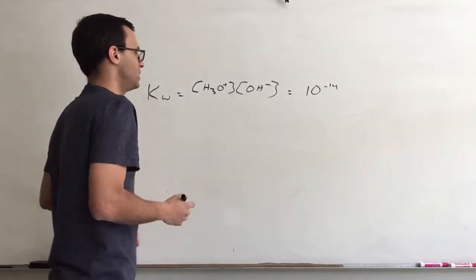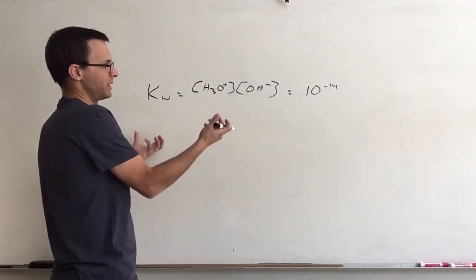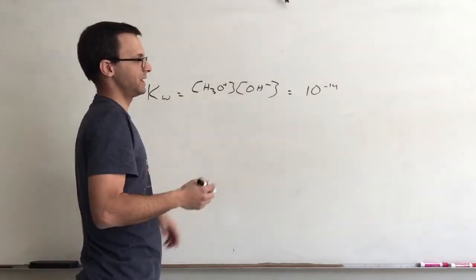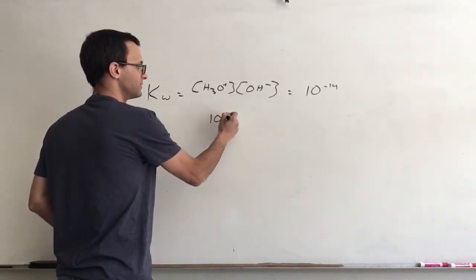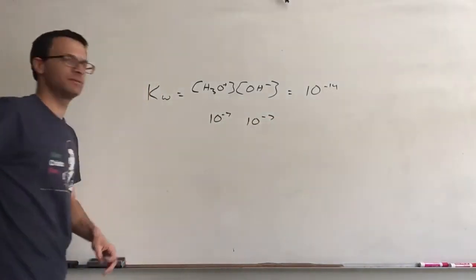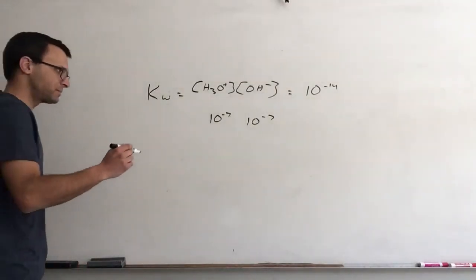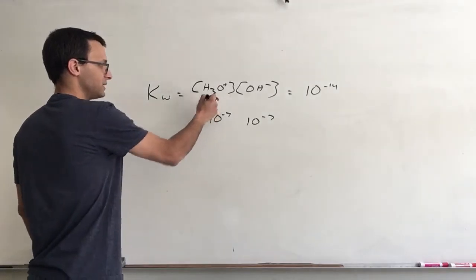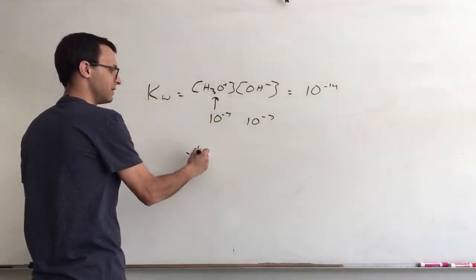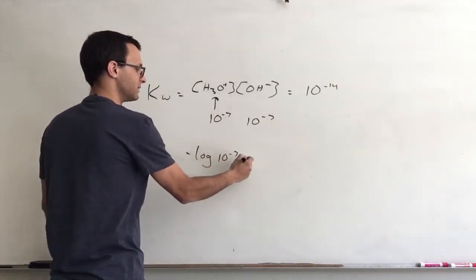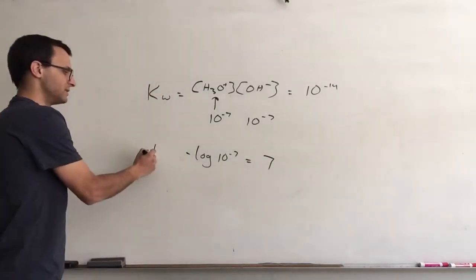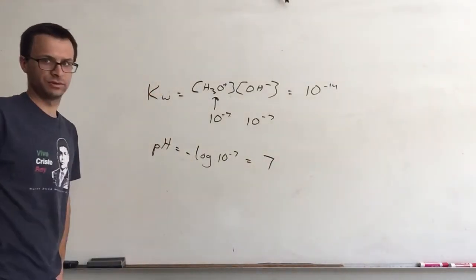And in pure water, the water will break up in equal parts hydronium and hydroxide. So you will have 10 to the negative 7th of each in pure water at standard temperature. Which means if the hydronium concentration is 10 to the negative 7th, the negative log of 10 to the negative 7th is 7. This is your pH, of course, for neutral water.